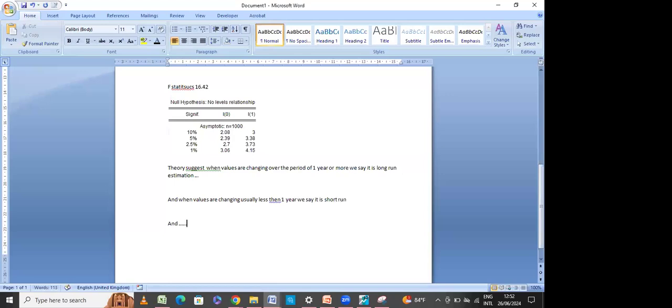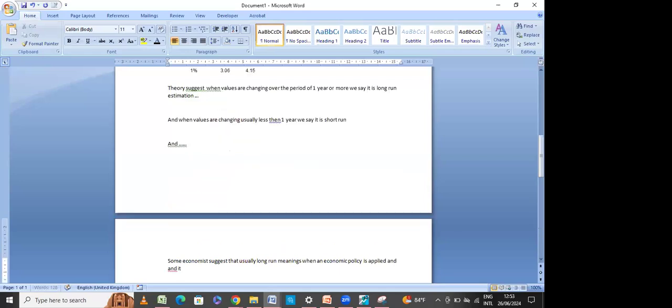And some economists suggest that usually long run means when any economic policy is applied and it changes the results over 3 to 4 years, it is known as the long run period, and less than 3 to 4 years is known as the short run period.